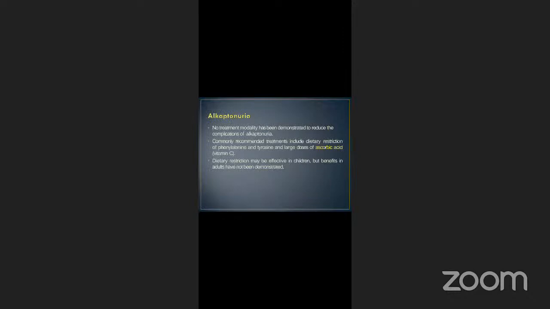There is no treatment modality for this. The only treatment is dietary restriction of phenylalanine and tyrosine and large doses of ascorbic acid, that is vitamin C. In children, we can manage, but in adults, we don't see any such management.